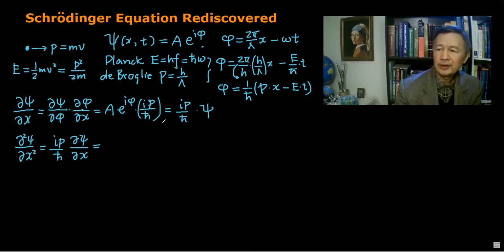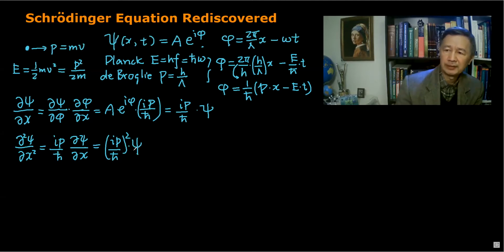If we use the result for the first derivative here, we simply get the factor i p divided by h bar squared, multiplied by psi, the wave function.